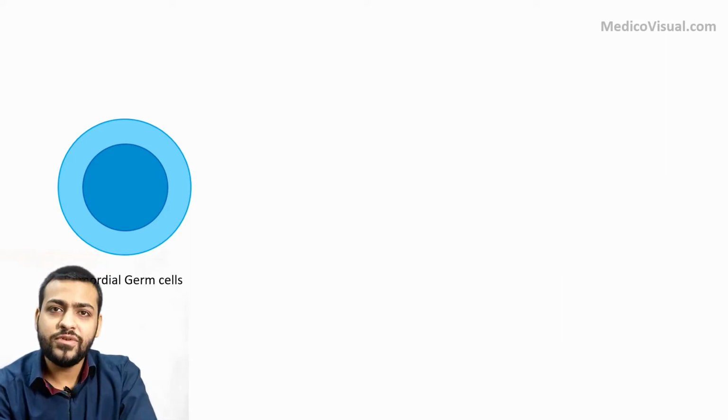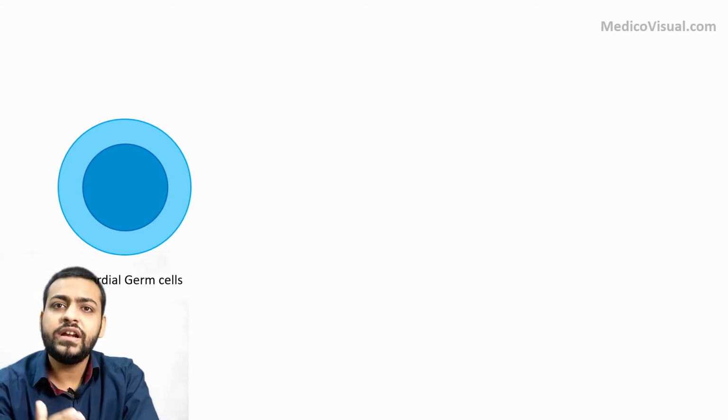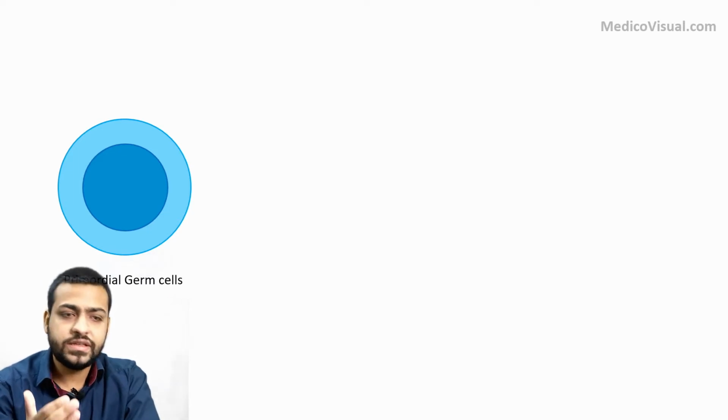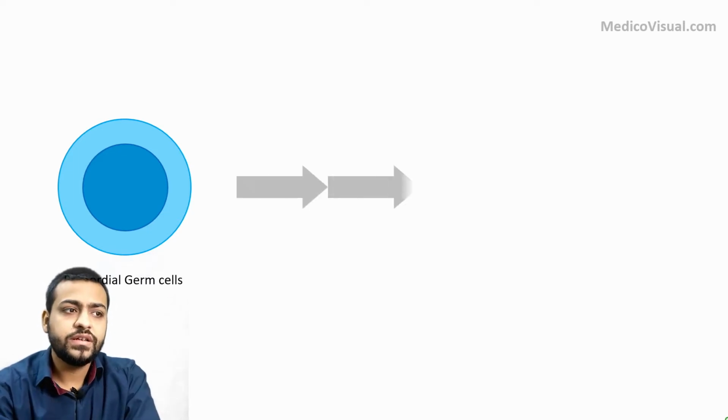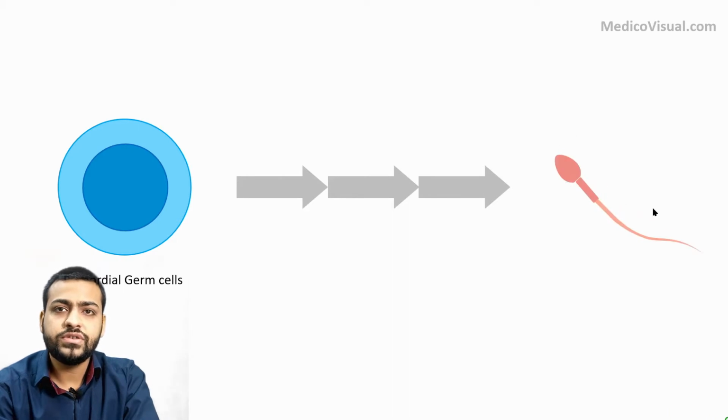In a male that has just gone into puberty, through a multi-step pathway, they will form mature sperms. We will discuss that in detail.